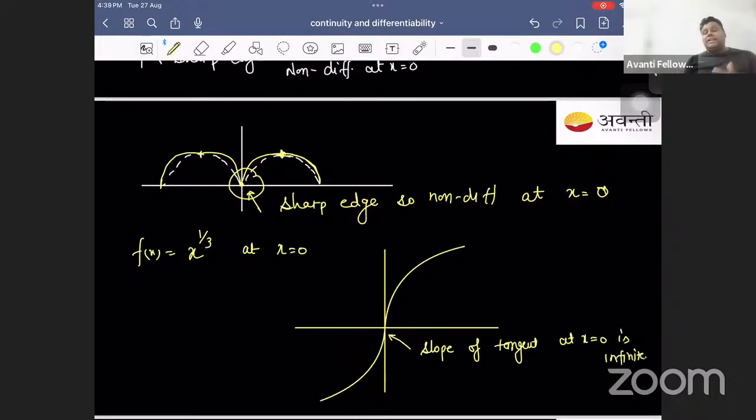There is a vertical tangent. Slope of tangent is infinite means it is a point of non-differentiability. Am I clear?